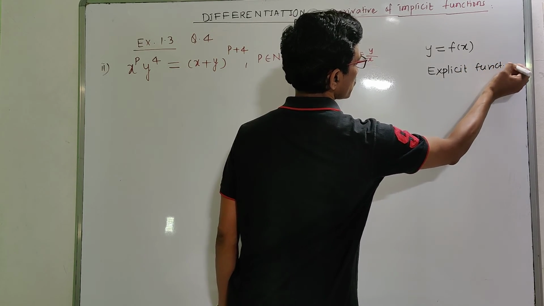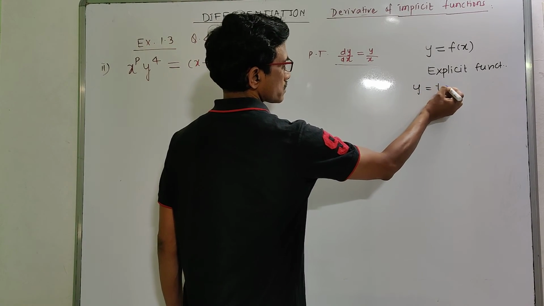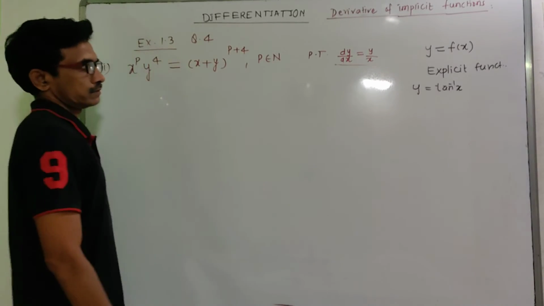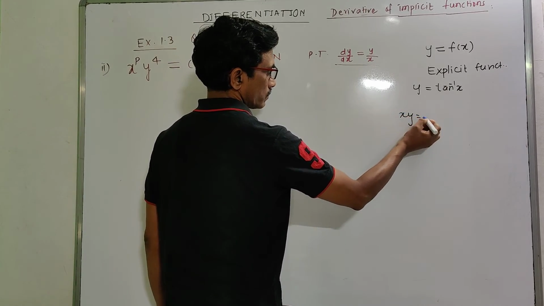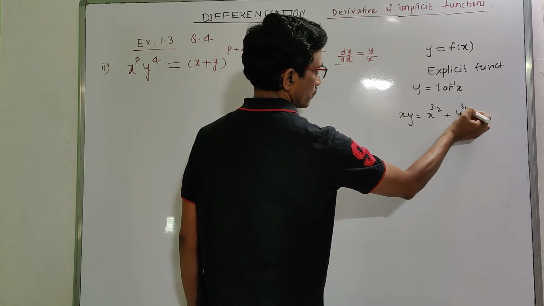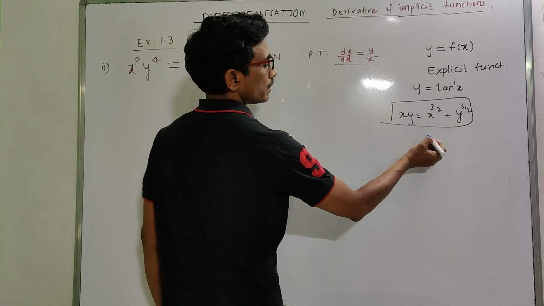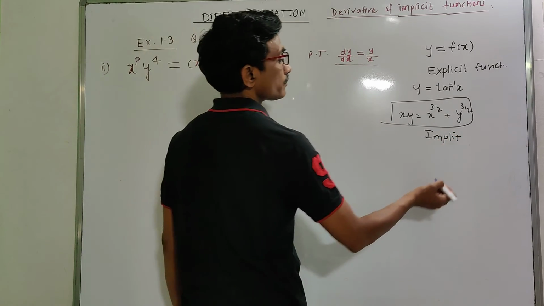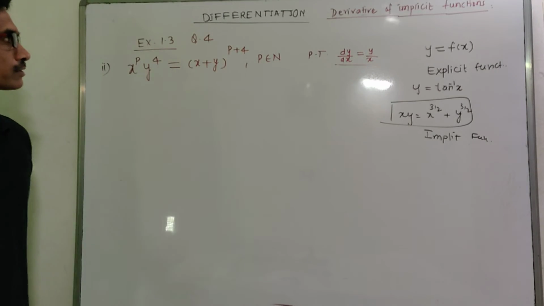Explicit function, such as y is equal to tan inverse of x. This is an explicit function. Now come to this function, xy is equal to x raised to power 3 by 2, y raised to power 3 by 2. Such types of examples are examples of implicit functions, because here y cannot be expressed as a function of x.